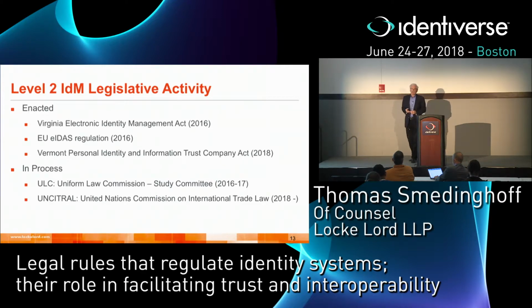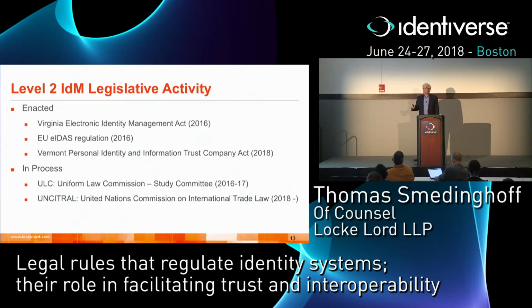It's designed to provide a safe harbor for identity providers, basically saying, if you follow a certain set of rules that we have preordained, a certain standard, if you follow that standard, you will not be liable if something bad happens.